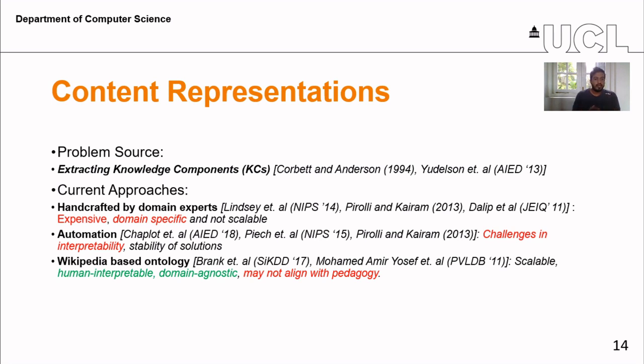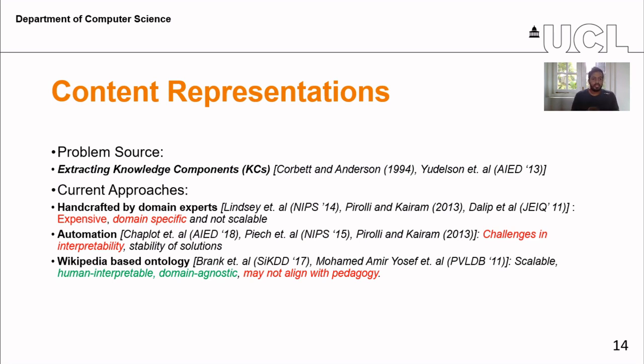What does that mean? We need to have a representation that represents the educational resource. The most popular method to do this in the educational data mining community is to extract what are called knowledge components. So what are knowledge components? Knowledge components are atomic units of knowledge that can be learned and mastered.